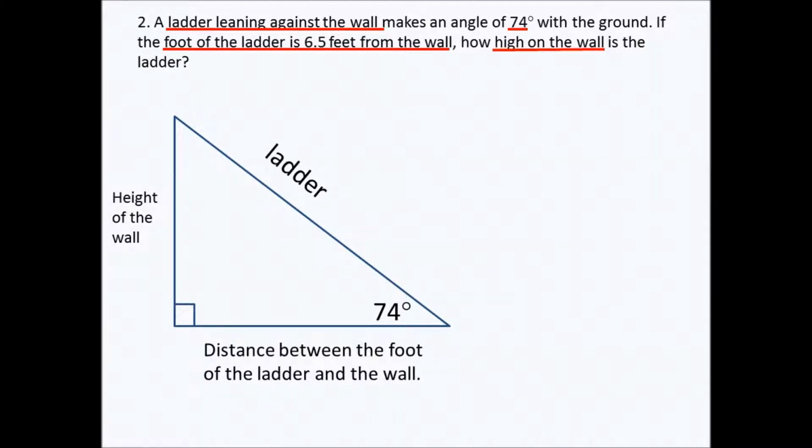The next value that we're given is 6.5 feet, the distance between the foot of the ladder and the wall. So we label that. Finally, we're asked how high on the wall the ladder reaches. So the left part of the triangle is going to represent that unknown value. We're going to let x represent the height on the wall.